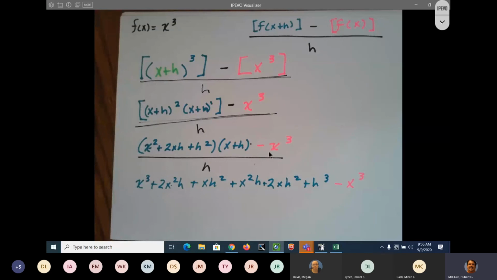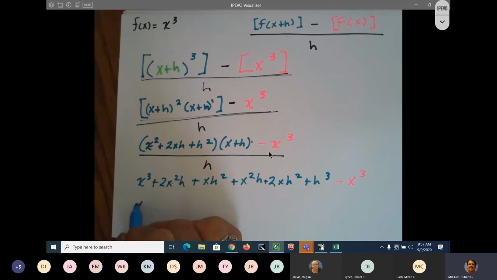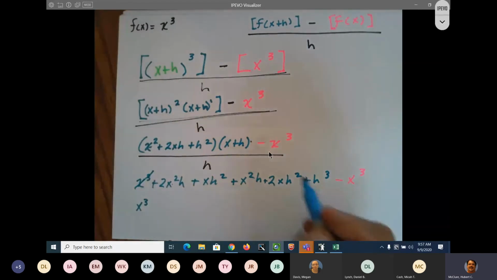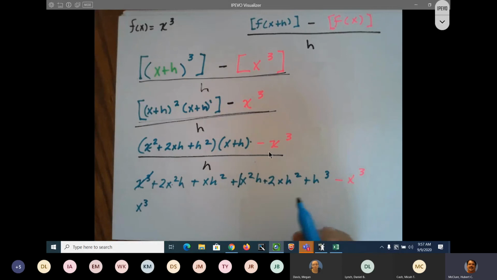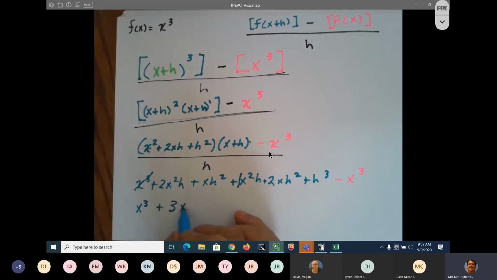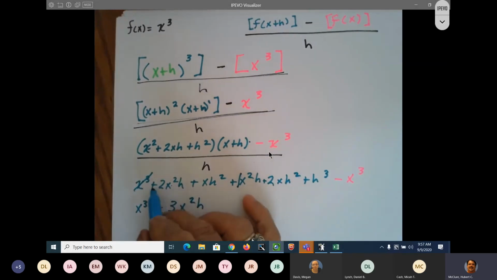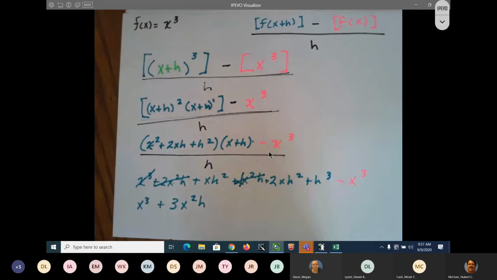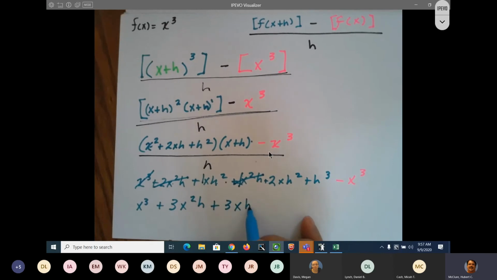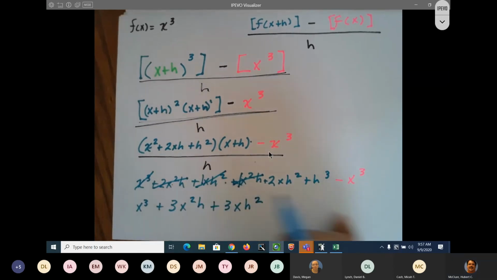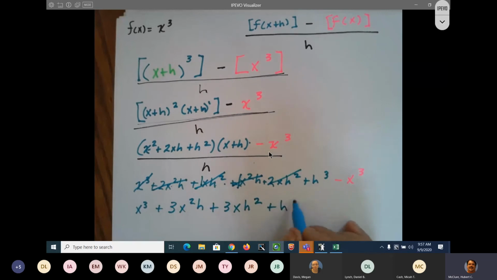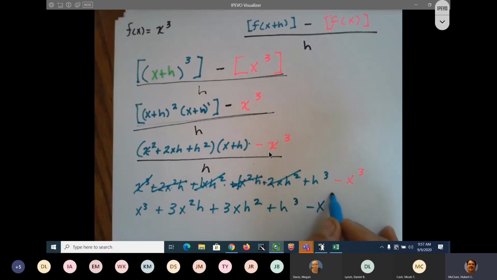So let's go ahead and see what can condense. That X to the third comes down. X squared H plus X squared H is 3X squared H. And 1XH squared plus 2 is 3XH squared. And then plus H cubed minus X cubed.